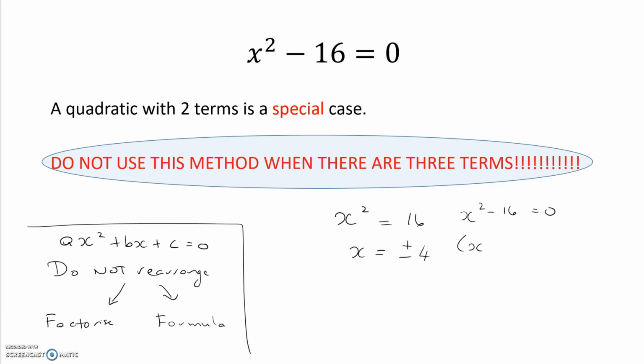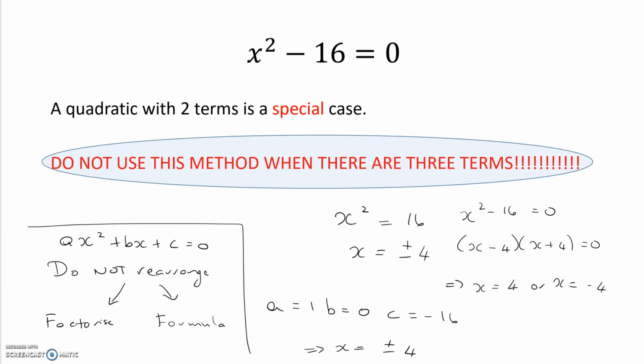So you can factorize it to x minus 4, x plus 4, and you'll still get the same answer, x equals 4 or x equals negative 4. Of course, you can use the formula. In this case, a is equal to 1, b is equal to 0, and c is equal to negative 16, and it will still give you that x is equal to plus or minus 4.